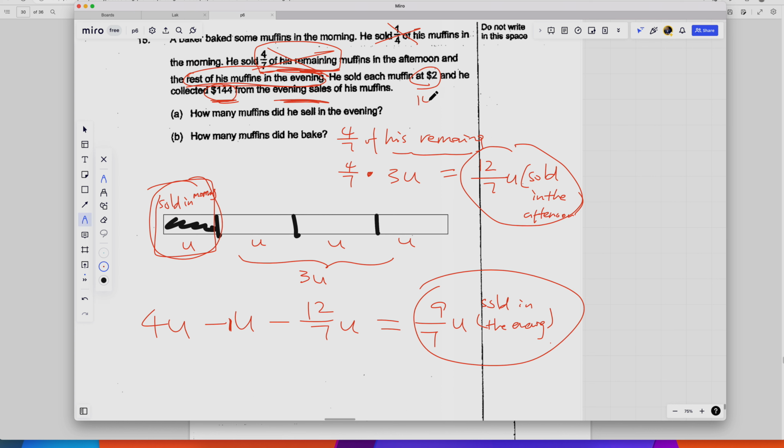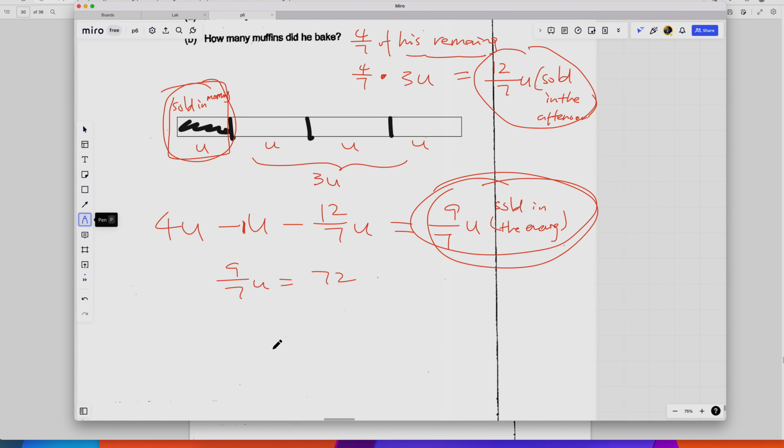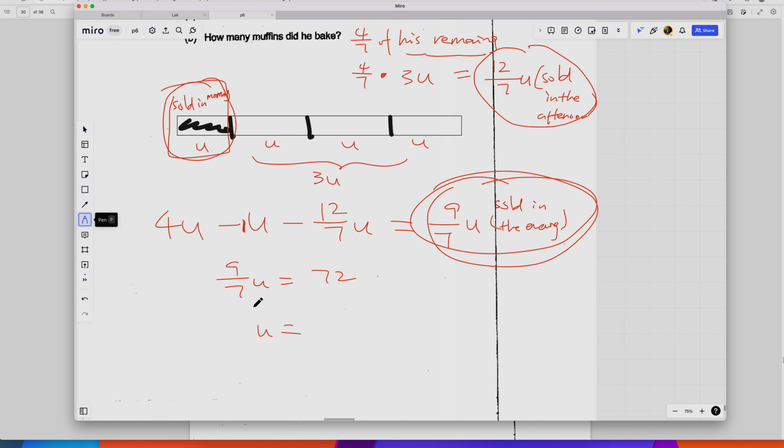You use 144 divided by 2. That will be 72. So that means 72 is the evening. So therefore this is also evening. So 9 over 7u is 72. So how do you get to u? You divide by 9 over 7 here, so therefore you also divide by 9 over 7 on the right hand side. So 72 divided by 9 over 7. So what is that?